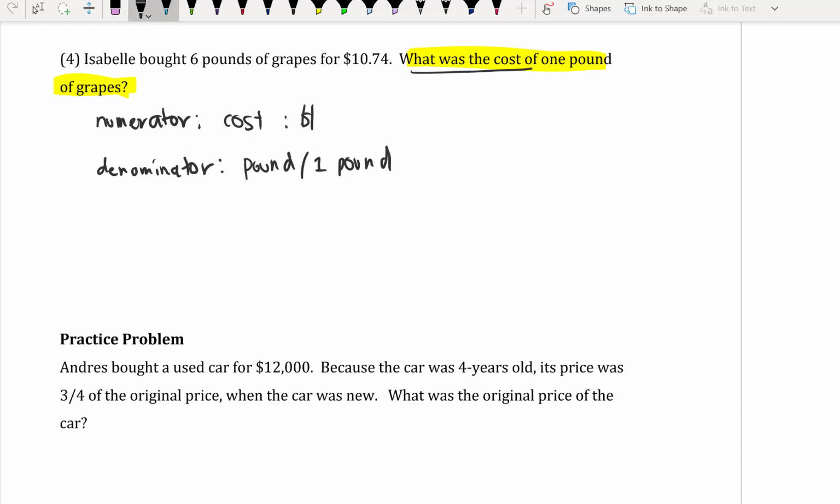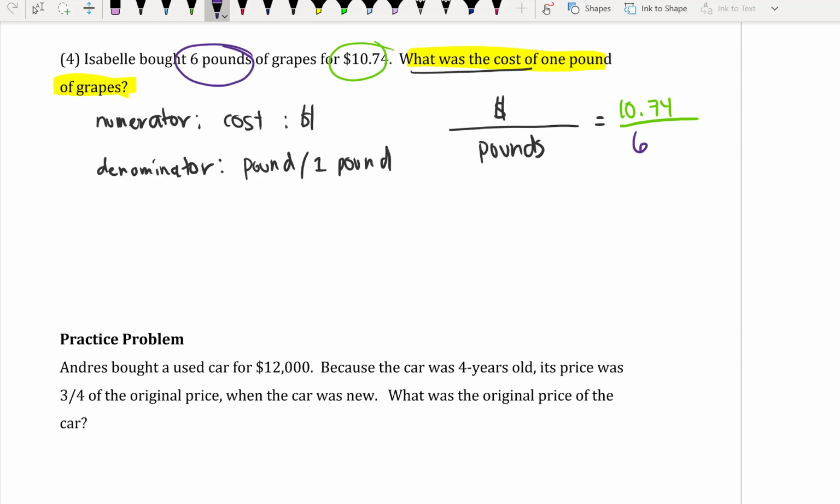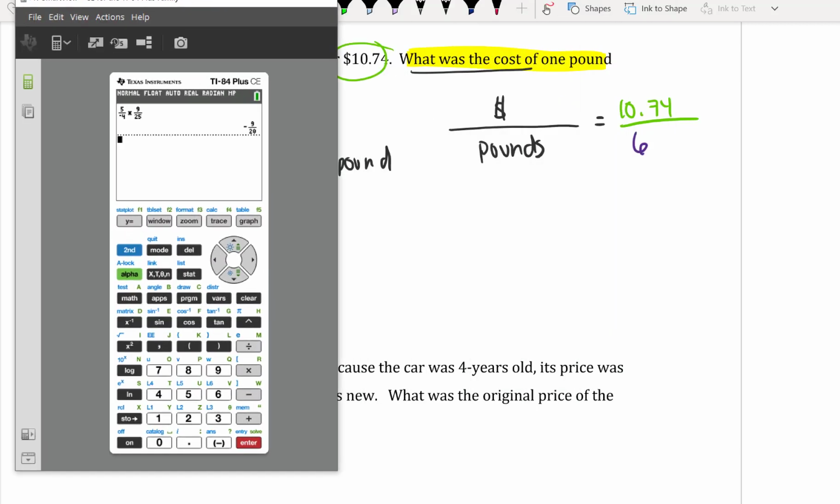So you have your fraction, which you have your amount of money over your pounds. So here the money that you have is $10.74. And the amount of pounds that you have is 6. So now you're just going to plug that into your calculator.